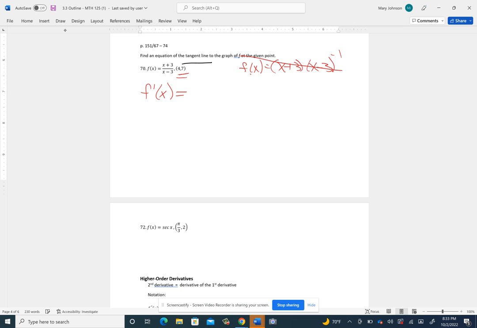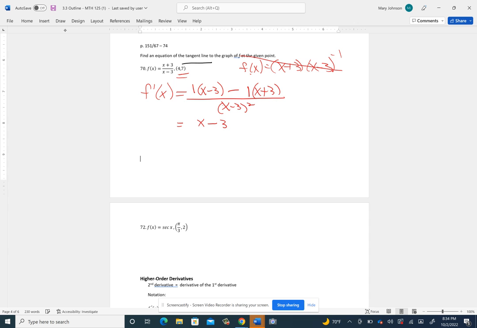That means I need the derivative of the top function, which is 1, times the bottom function as is, minus the derivative of the bottom function, which happens to also be 1, times the top function as is, and then all of that's over the bottom function squared. Now, I'm not going to multiply out that denominator, but I am going to simplify this numerator.